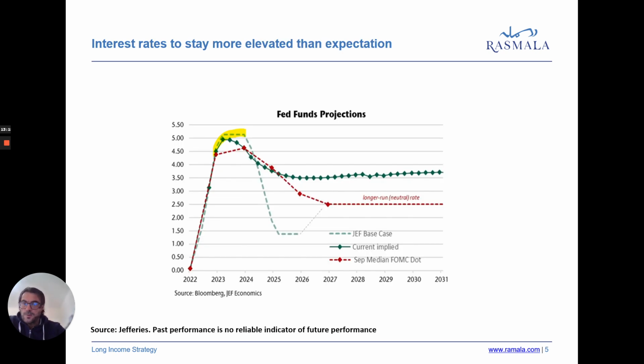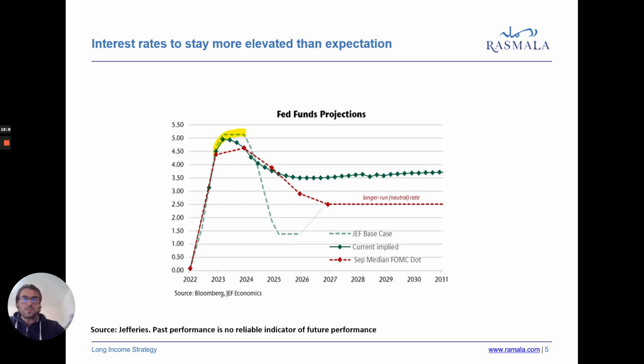So, final couple of slides. This one is from Jefferies, the chief economist, and it shows the direction of policy rates, with Fed funds currently priced in the market, which is this green line. It is expected to go up to around 5% early next year and almost immediately start going down to 3.5%.